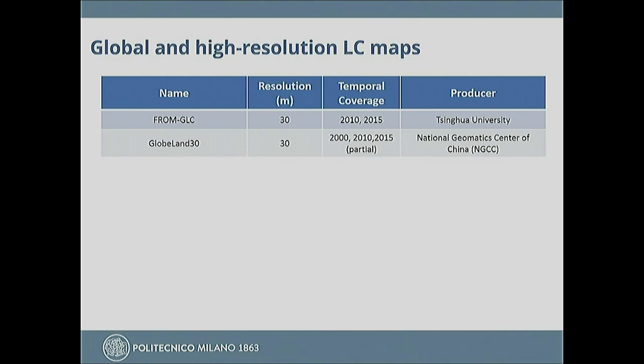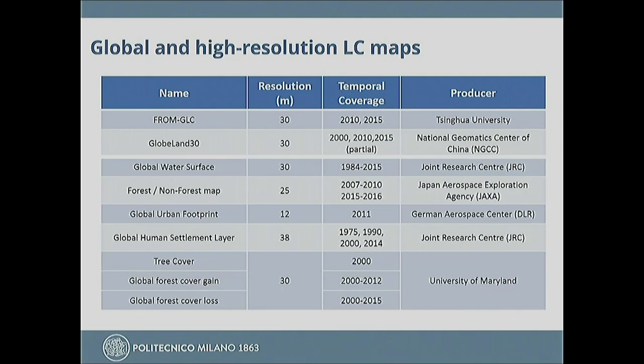Then we have other global high-resolution maps, but they are more specific on one specific category. Like, for instance, this global water surface of 30-meter resolution, and it is available for many years in such a way that you can see the evolution in time of the water on the planet.